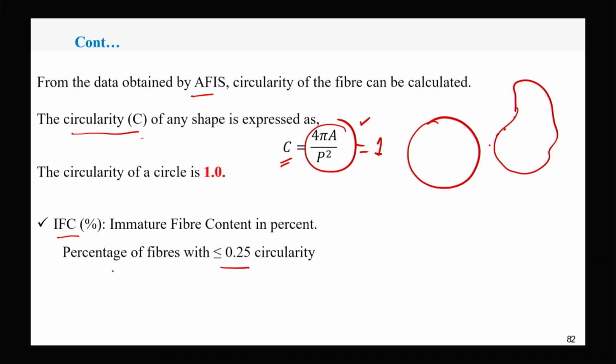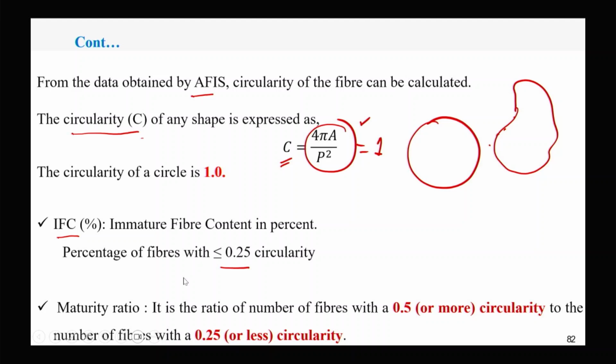Maturity ratio is the ratio of the number of fibers with 0.5 or more circularity to the number of fibers with 0.25 or less circularity. That is the maturity ratio as per AFIS.